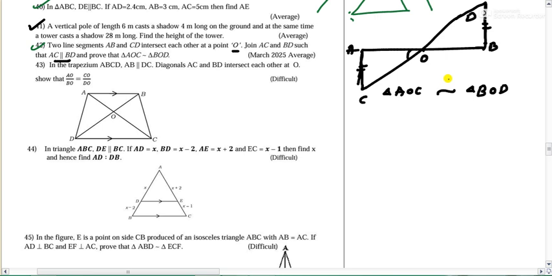Yes, have you understood? Yeah, this is the figure. See, which criteria are you going to use to prove this similarity? Side angle side. Okay, which side and which angle?